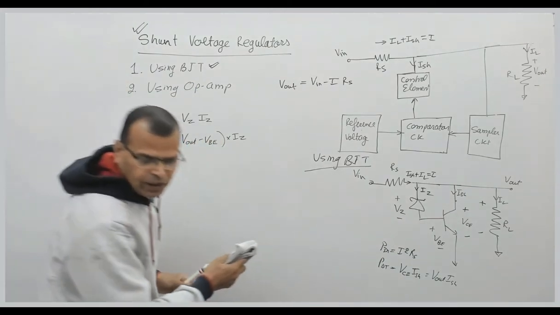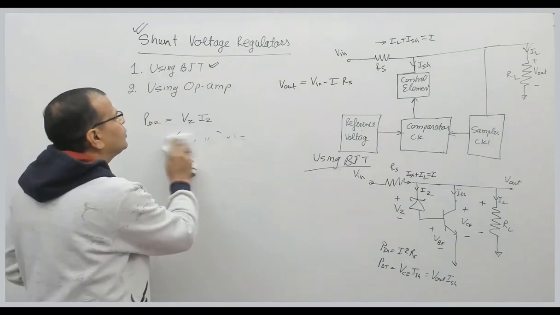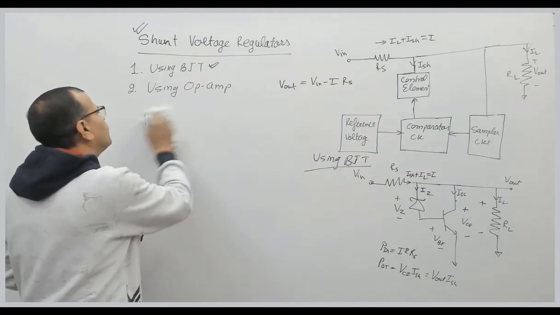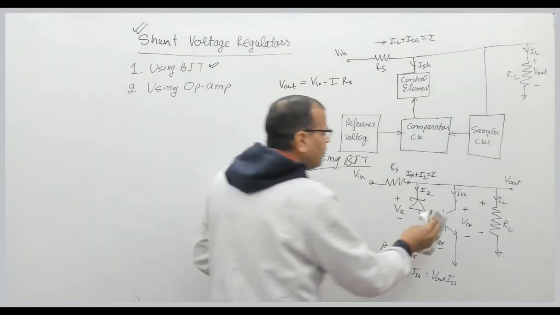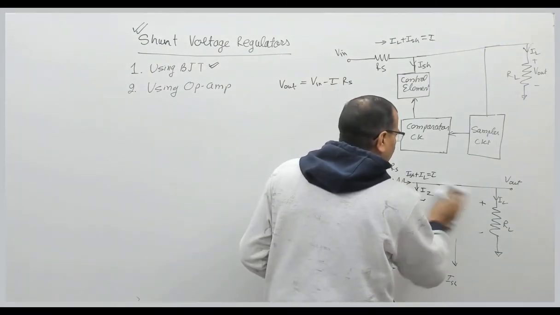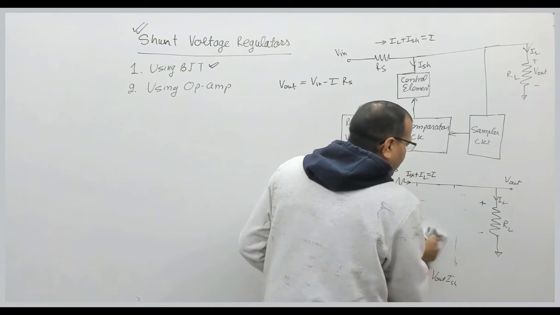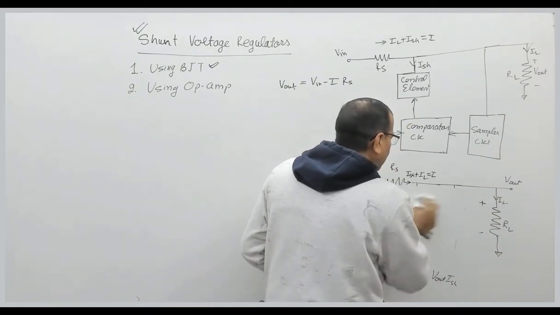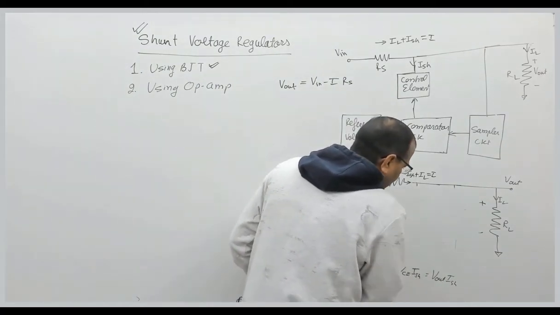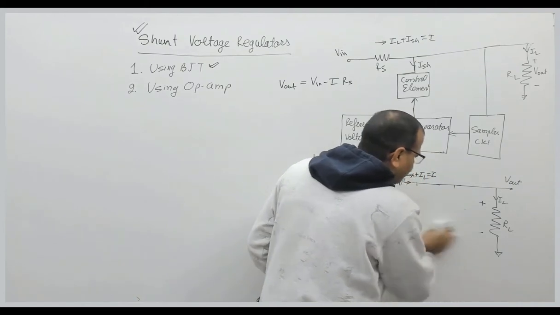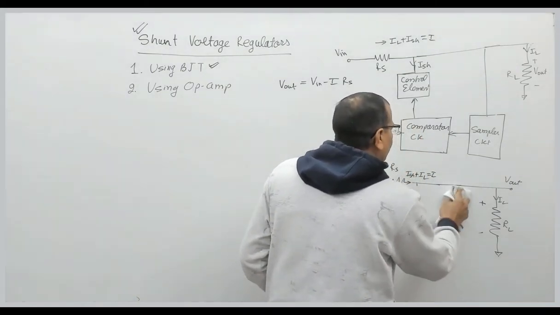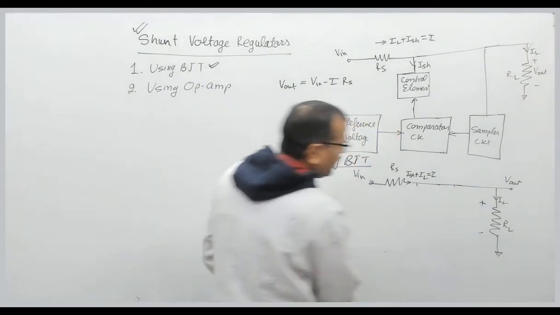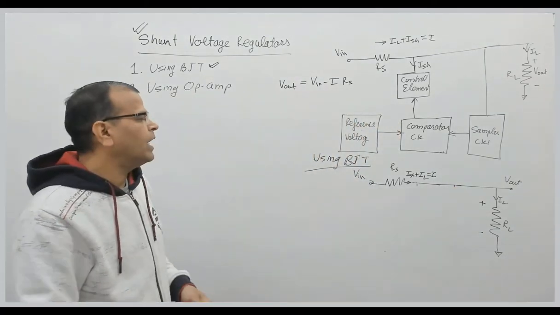Now we will see the shunt voltage regulator based on op-amp. In the case of the shunt regulator based on op-amp, we have a similar circuit, but there we have an op-amp instead of a BJT. The operational amplifier will be used as a comparator.